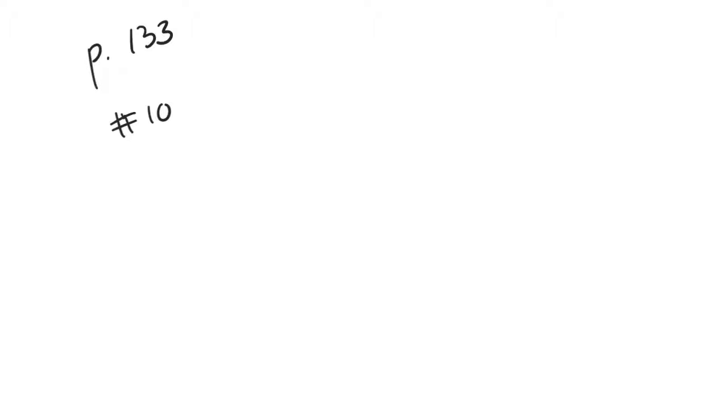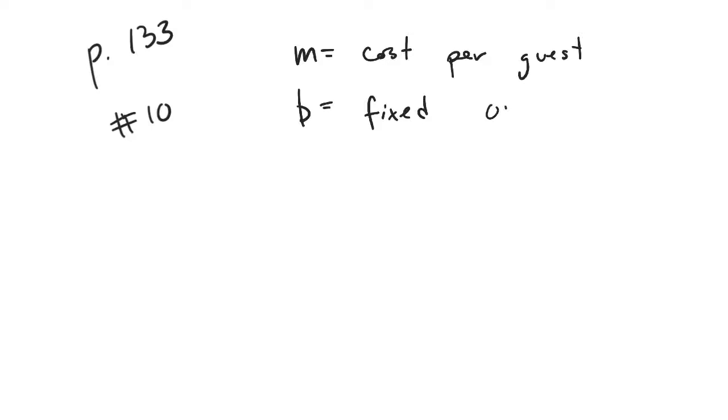Every time I hear per item, per minute, per gallon, per whatever, it's slope. Right? We picked up on that by now? Slopes are rates of change. So this is the cost per guest. So M is the slope, and that's the cost per guest. And B is the y-intercept, and that's the fixed cost that you have to pay the caterer just to show up. So we have the model of this. There's our model right there.